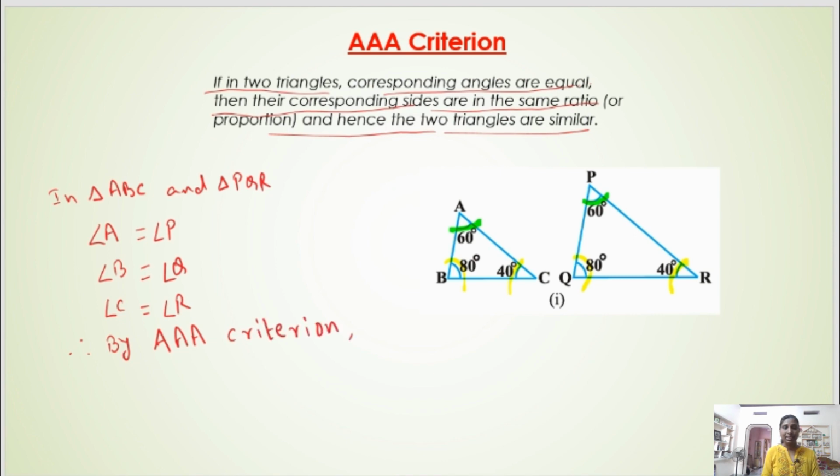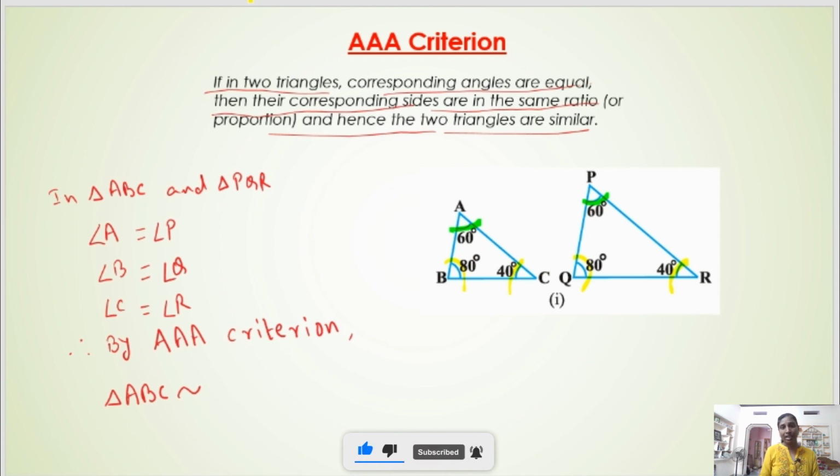we can say that triangle ABC is similar to. Okay, first we should choose a triangle and we can write it in any order. First triangle we can write in any order, ABC. But when we write the second triangle, we have to follow the same order.